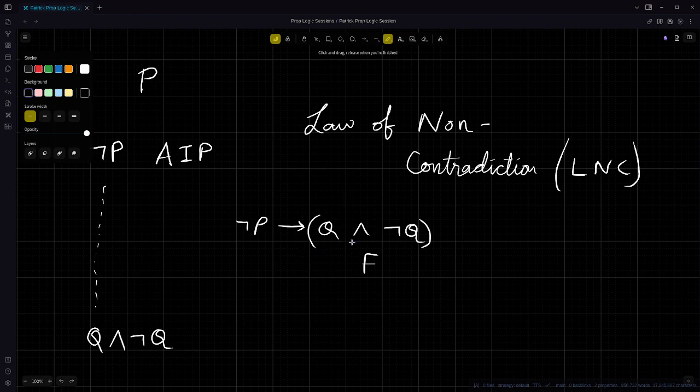Okay, so now you know that this is false, right? You know the truth value of the consequent. The truth value of the consequent is false. You know that the implication is true because you started with this, you ended with this, so it means the implication is true. So what has to be the truth value of the antecedent for the implication to be true while the consequent is false?